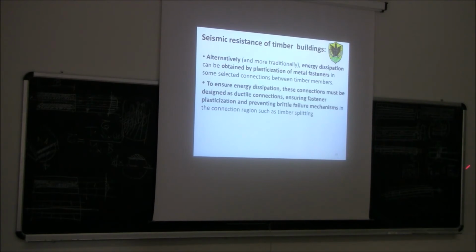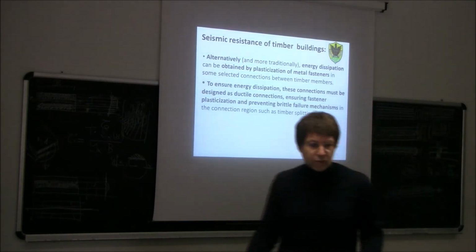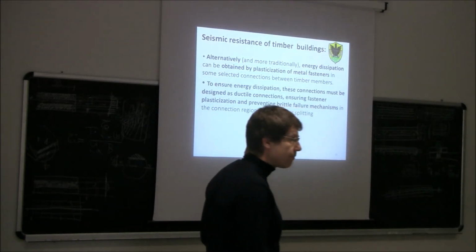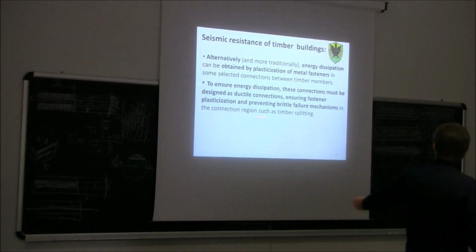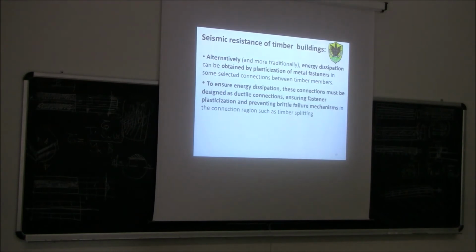I will also need to make sure that I have 1 or 2 plastic hinge formation in the fastener. So this is a further condition I need to check, if I want to consider this connection as dissipative, and if I want to be able to use the behavior factor q larger than 1.5. Okay? And of course, I will have to prevent in this connection any kind of brittle failure mechanism like splitting the wood and so on.